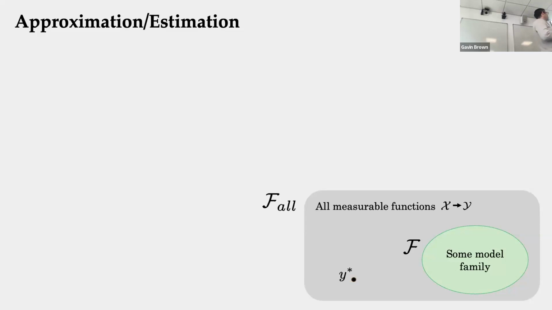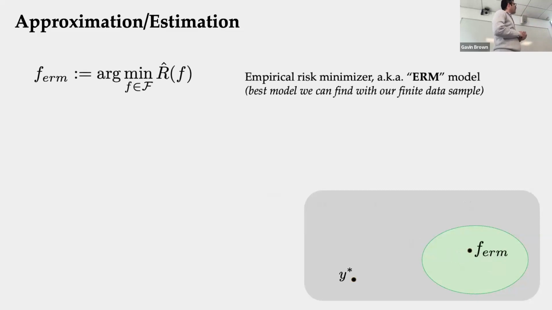Somewhere within those spaces, there is the Bayes model, the optimal possible model that can be used. This may or may not be within your model family. In addition, we can talk about another concept, the empirical risk minimizer. So that's given our limited data, given our finite data, what's the best possible model that we can locate?